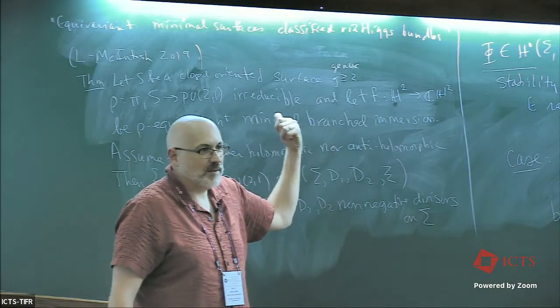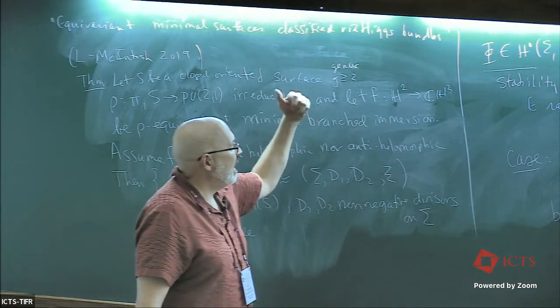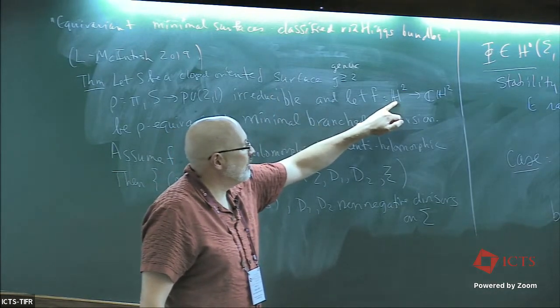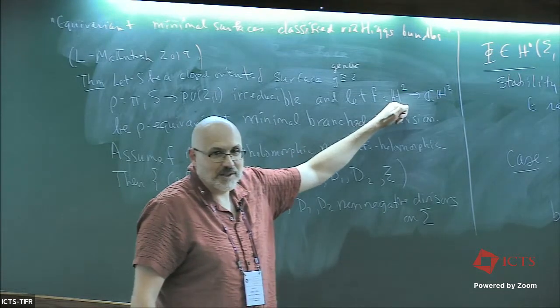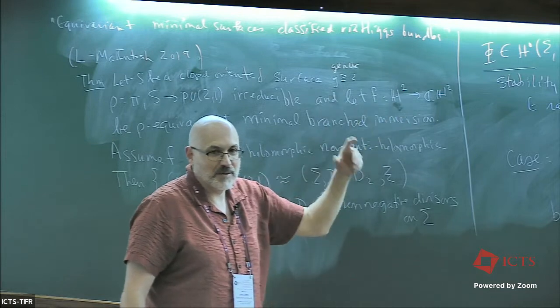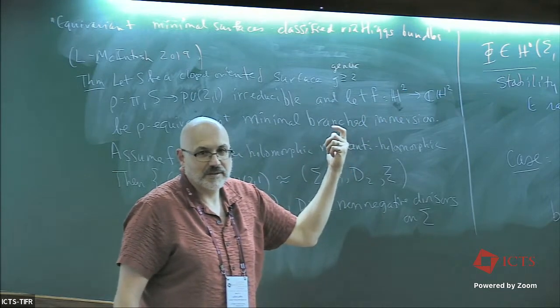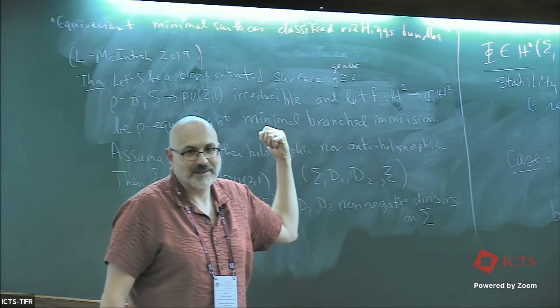We have a representation, a Fuchsian representation, to determine the point in Teichmuller space. The H2 is fine, it's just that without the Fuchsian representation, we don't know what sigma is.